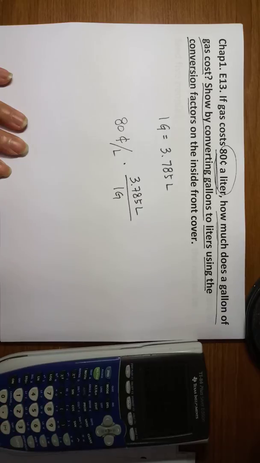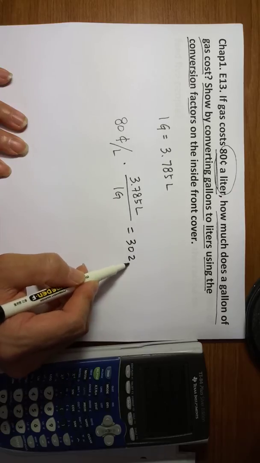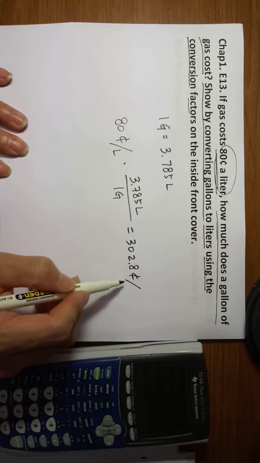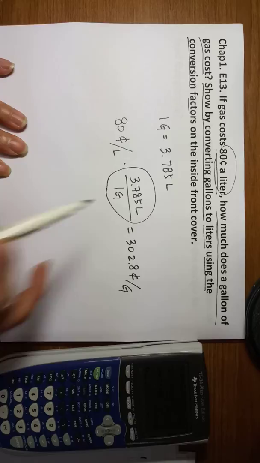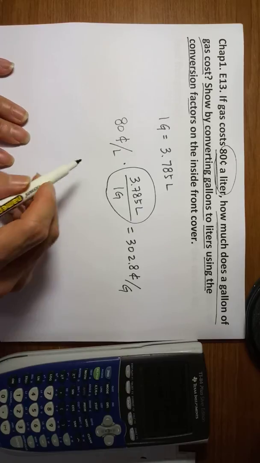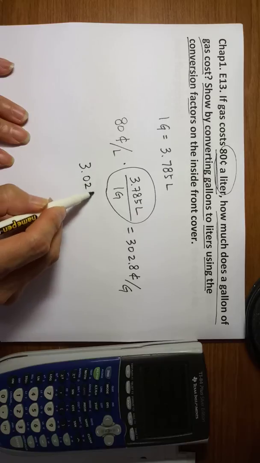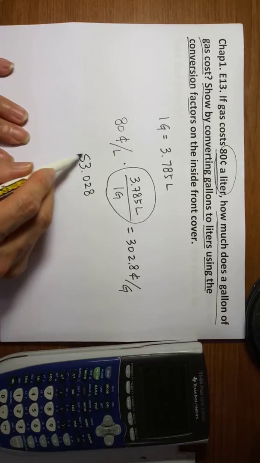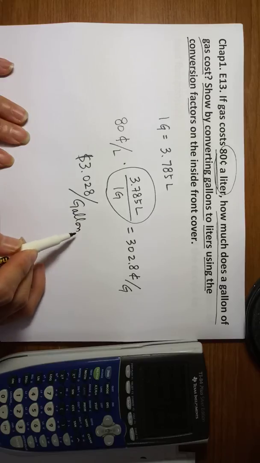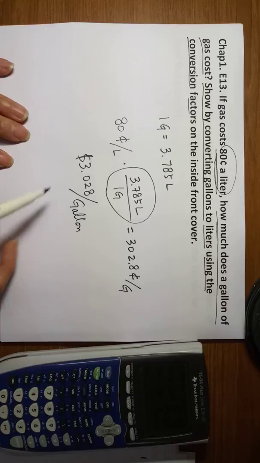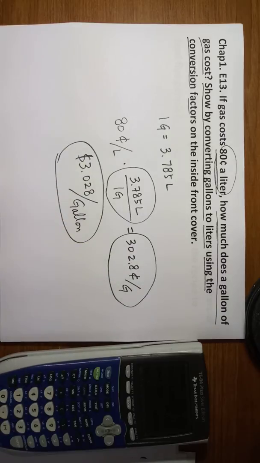Then you will get 302.8 cents per gallon. Okay, this is a converting factor, which means this is $3.03 per gallon. Yeah. So this is your answer, this could be your answer from the conversion factor.